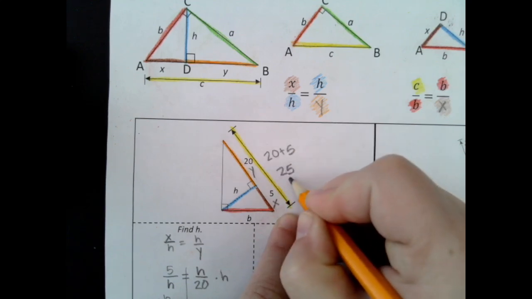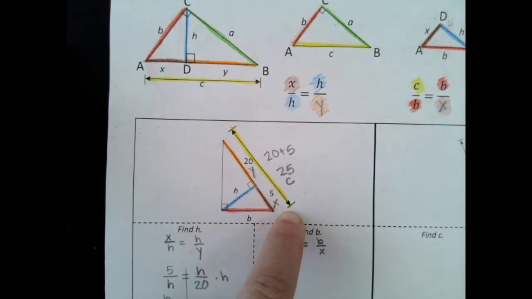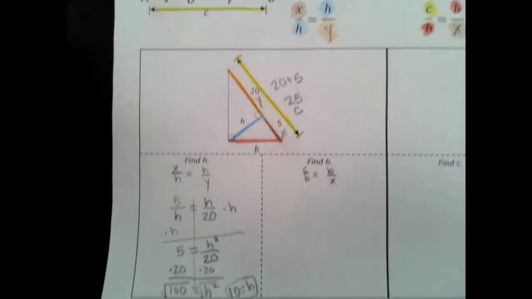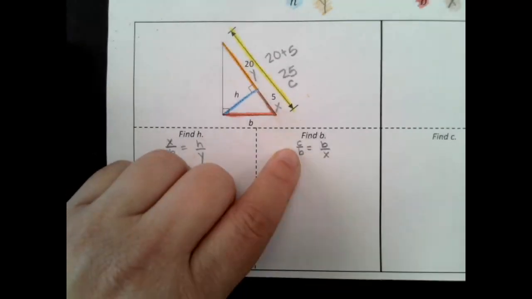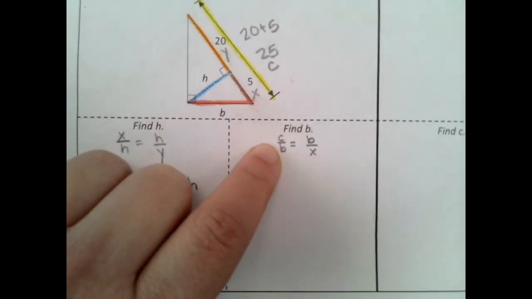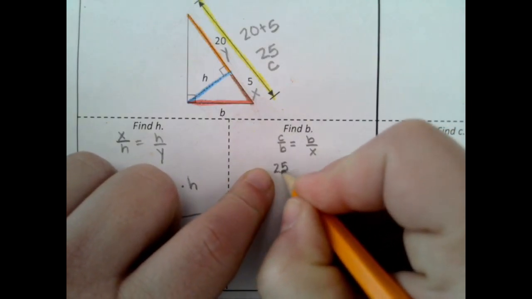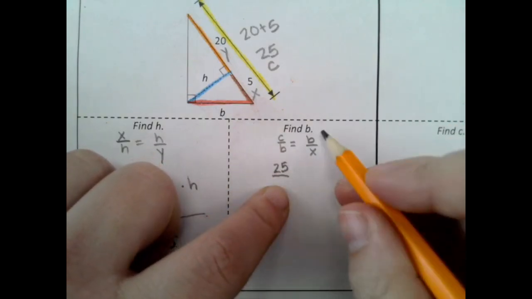So C is 25. Okay, so as we look at that one, C is 25, so I'm going to zoom in again. So we're going to put 25 over, do we know B? Nope, that's what we're trying to find.